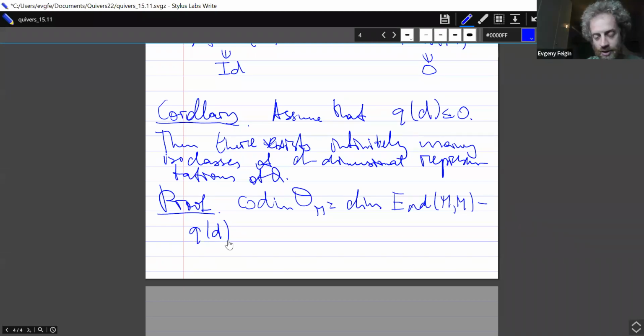Yes, so the only thing is that we better have the dimension of the endomorphism space to be positive. So is it necessarily positive or might it be 0?